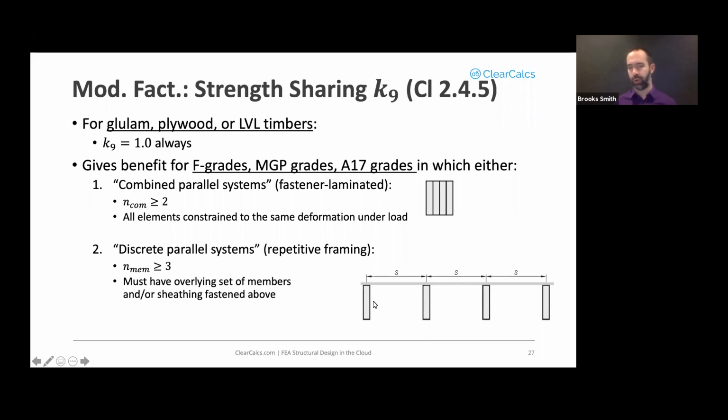So for example, small rafters or purlins on top of your members, or you have to have sheathing on top of there and it has to be fastened. But if those conditions are true, if you have sheathing or overlying members and at least 3 parallel members, then you can take advantage of this as well.